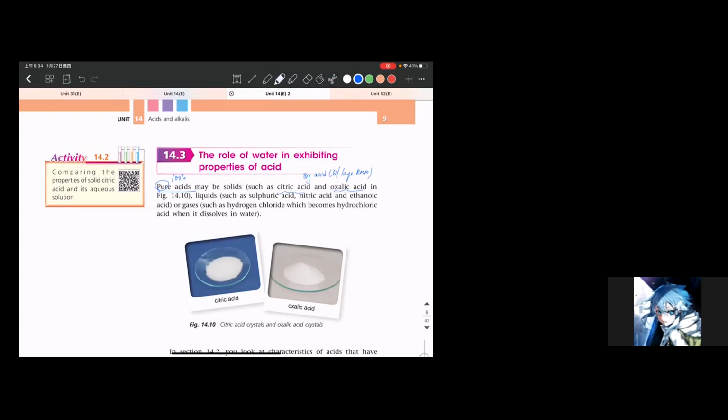How about liquid? For example, sulfuric acid, nitric acid and ethanoic acid are liquids, or it can even be a gas, just like hydrogen chloride. So remember, these two are different. Hydrogen chloride means gas, while hydrochloric acid, aq, contains hydrogen chloride gas and water.